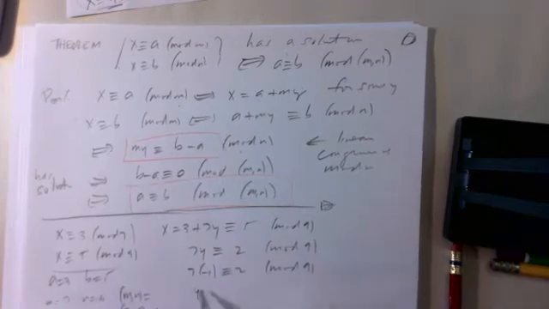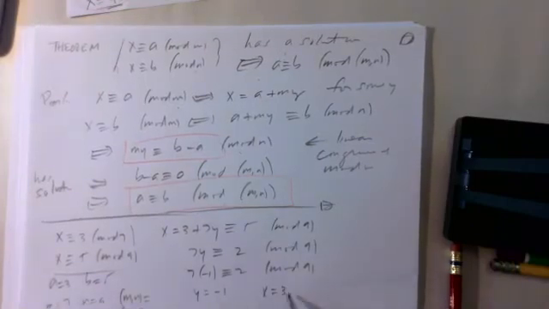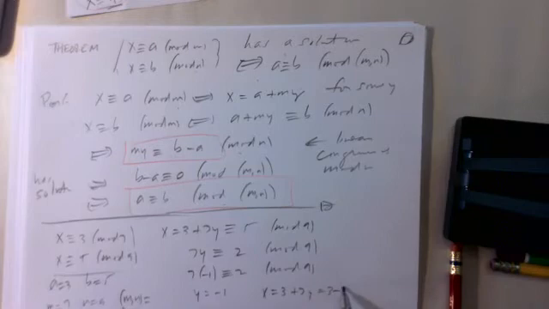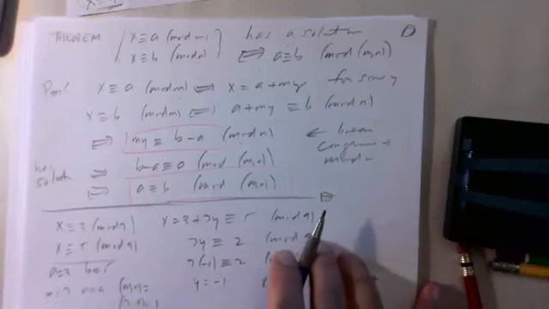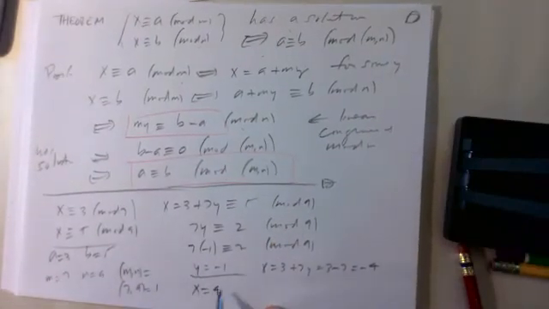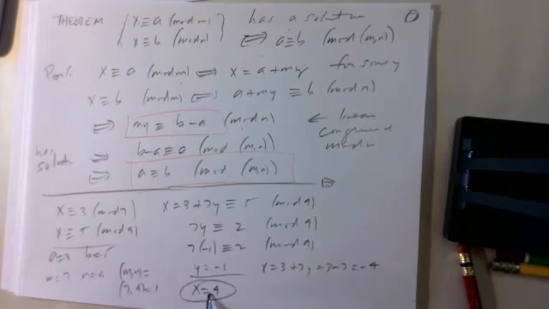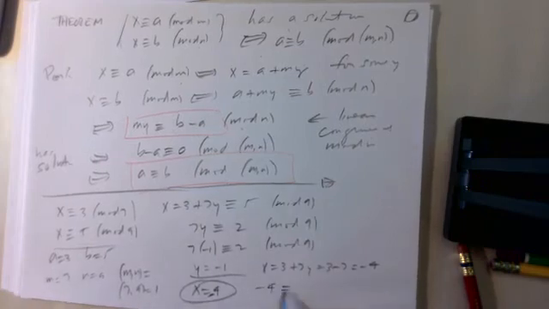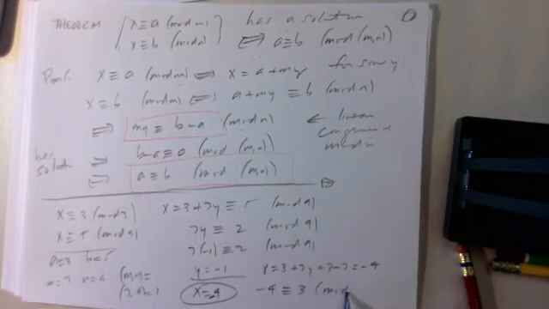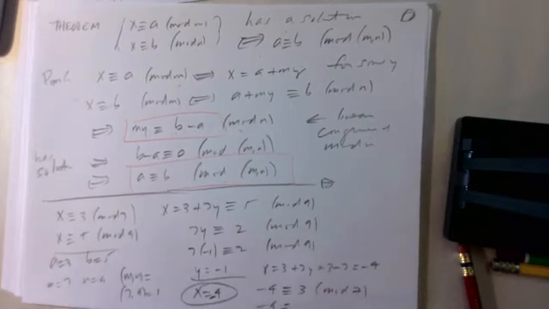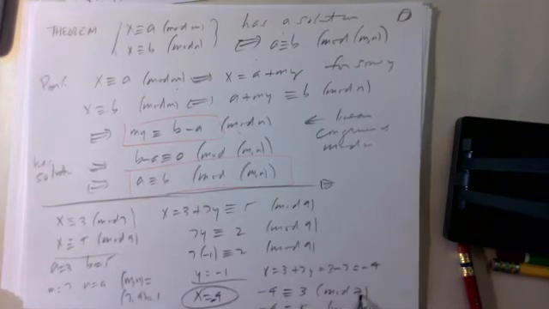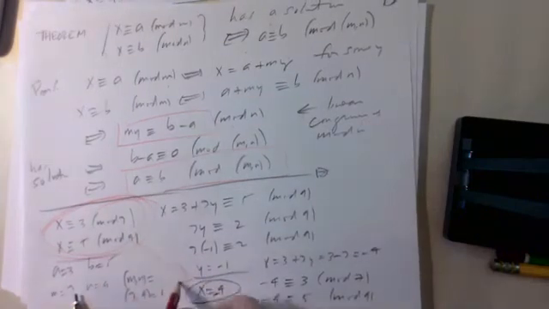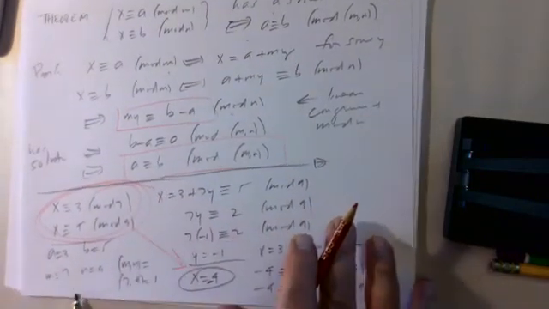So you can take y equal to minus 1, and x is 3 plus 7y, which is 3 minus 7, which is minus 4. So x equal to minus 4 is a solution. Minus 4 is congruent to 3 mod 7, and minus 4 is congruent to 5 mod 9, because 7 divides 7 and 9 divides 9. So for this pair of congruences, minus 4 is the solution.